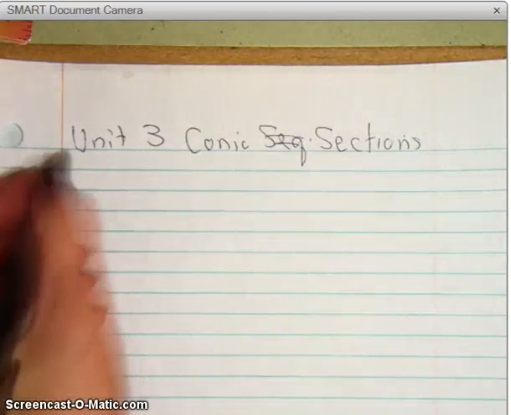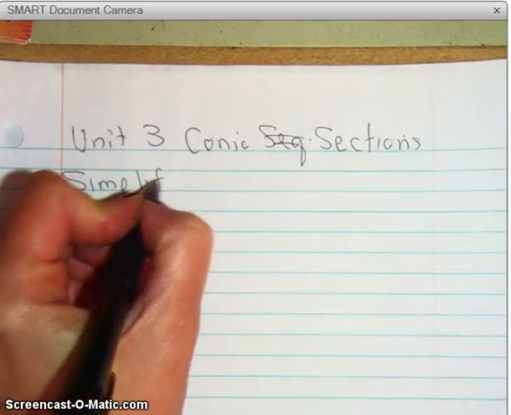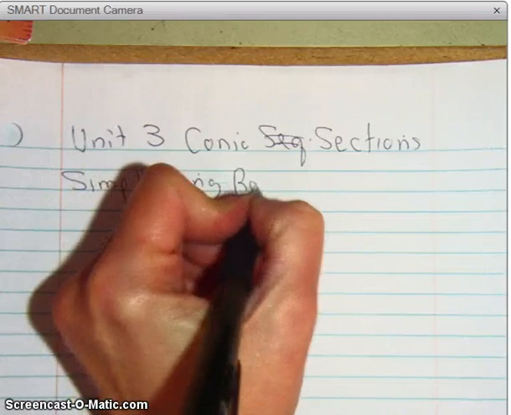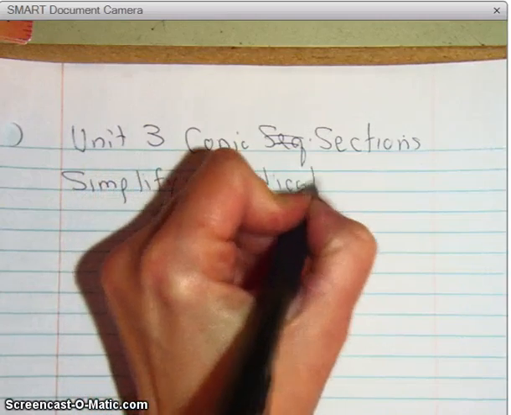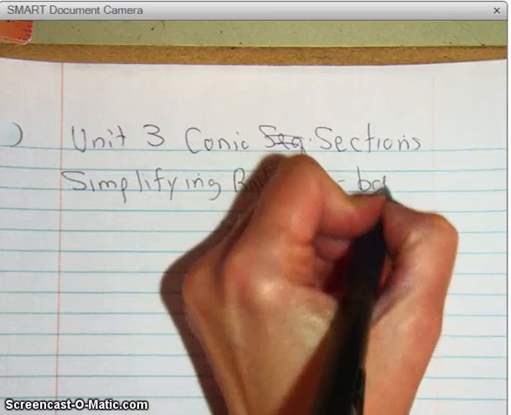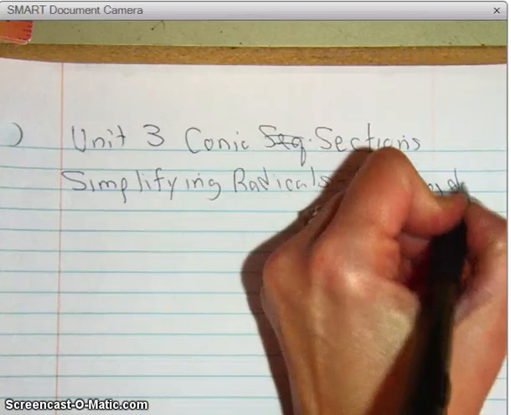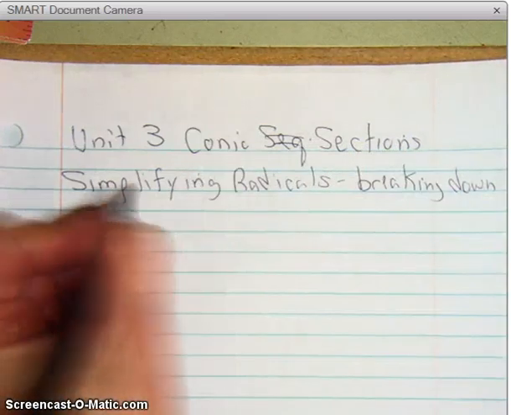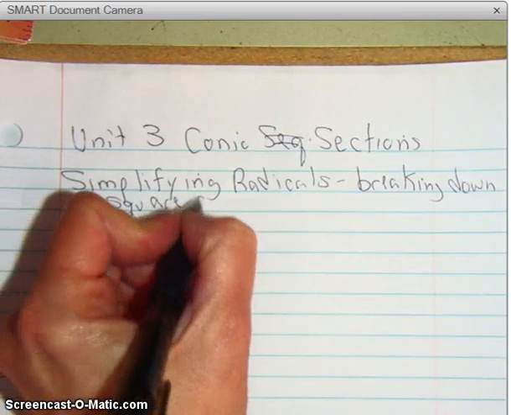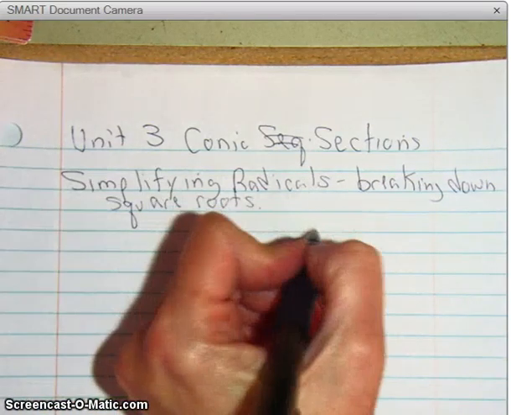Okay? So first of all, we're going to talk about simplifying radicals, which really means breaking down square roots. Like I said, it's going to look like this.